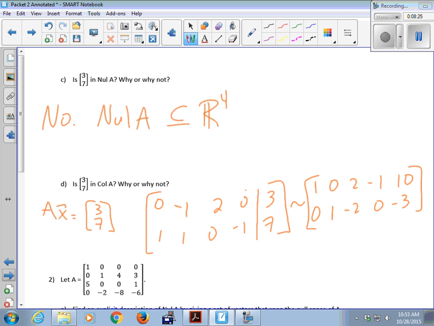Thank you. So does this have a solution? Yes, this is consistent. So yes, there is definitely an x that gets sent to 3, 7. There are definitely weights that you can use to create 3, 7. And in fact, there's infinite possibilities because this has a free variable. So this is yes. Does that make sense? Okay.